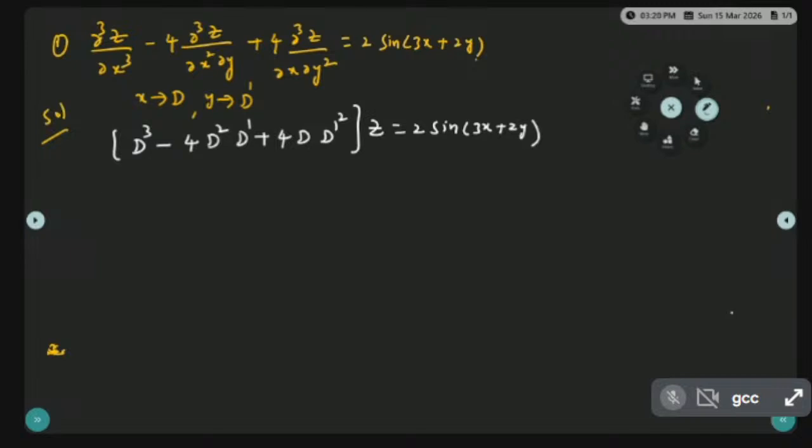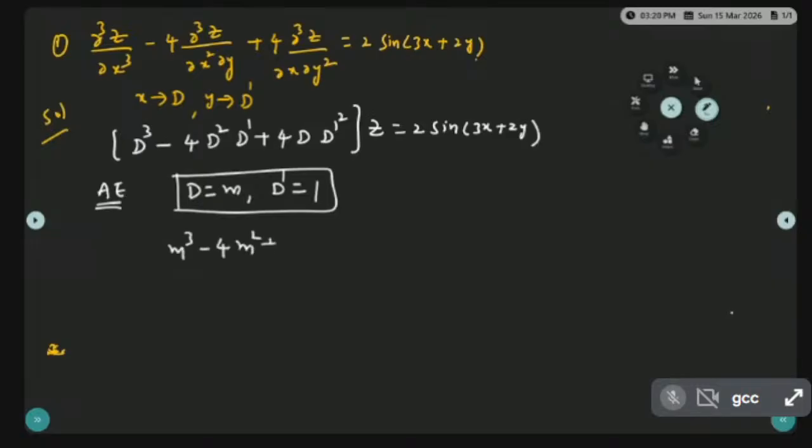Now, auxiliary equation. What are the substitutions? To find the auxiliary equation, everybody tell me. You must substitute d equal to m, d dash equal to 1. What is the equation? M cube minus 4m square plus 4m.